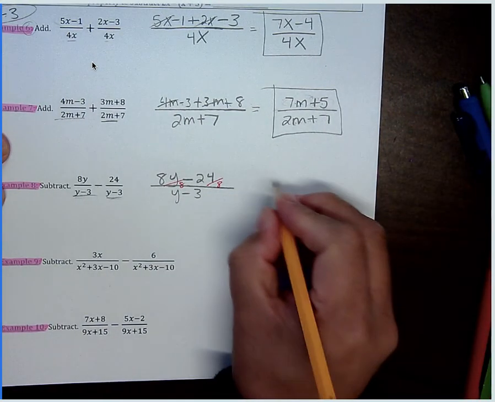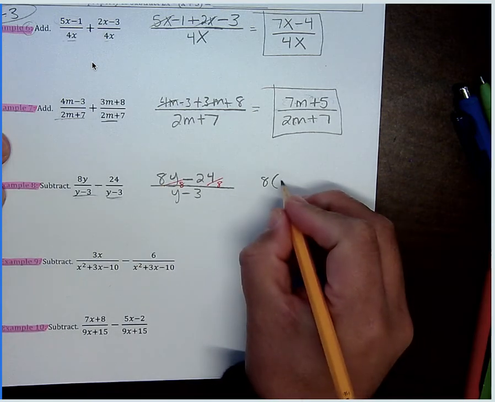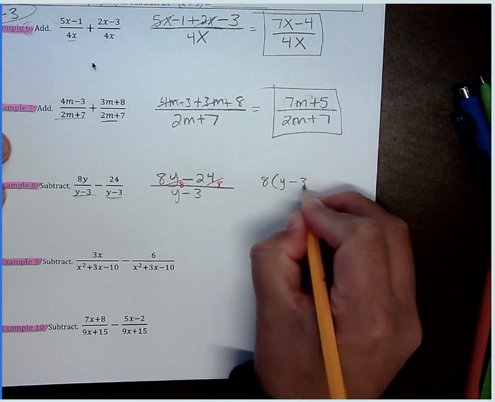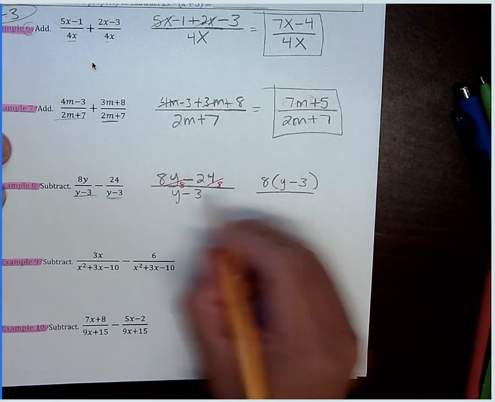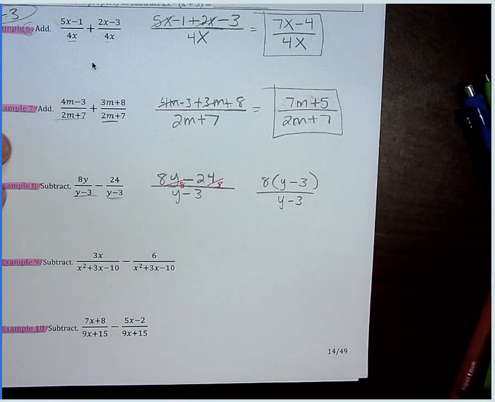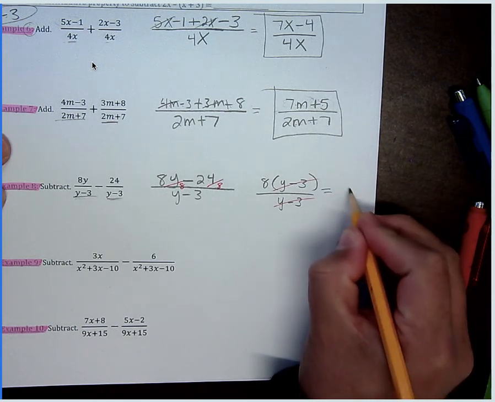So the 8 would be outside. 8 over 8 would cancel. So you have a y. 24 divided by 8 would be a 3. So the 8 is outside, and then you would have y minus 3. Now, if you notice, we can actually simplify these two. They go away, and the answer would be 8.